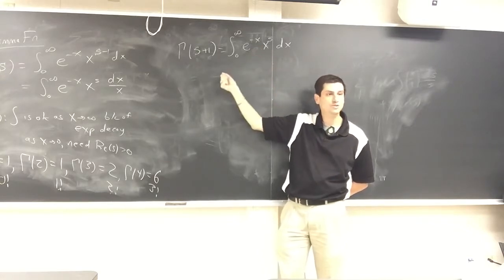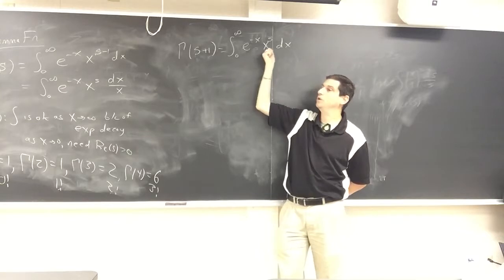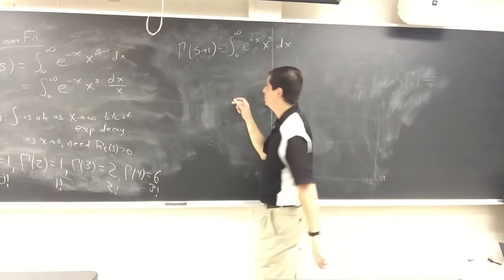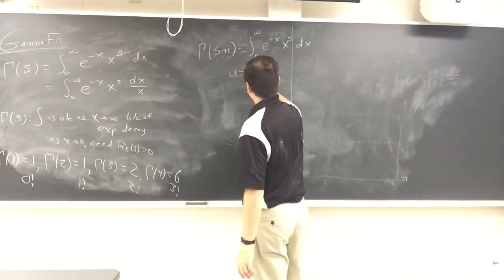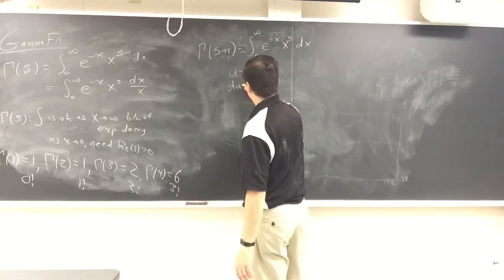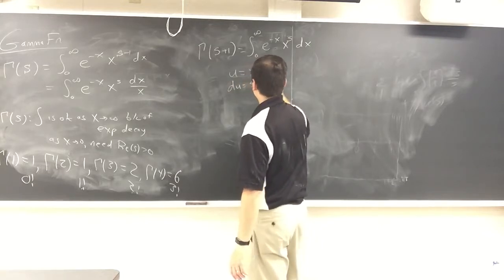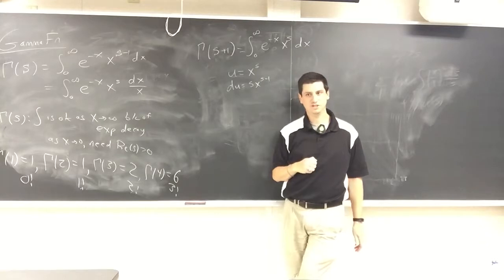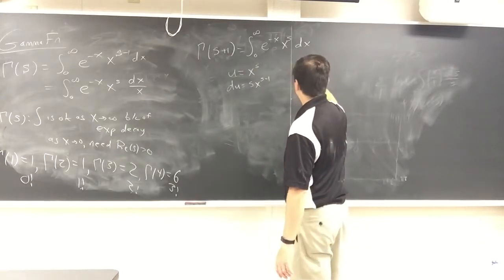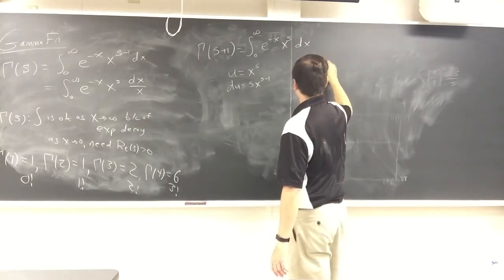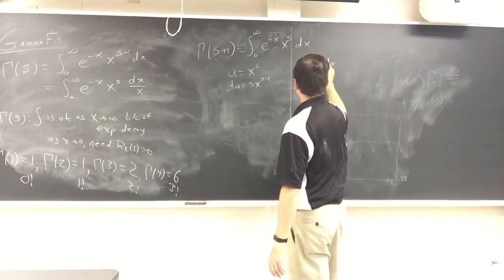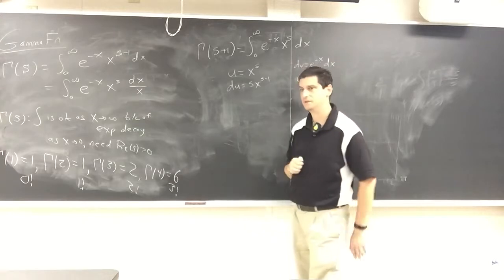Since I'm trying to reduce this to an earlier one, I probably want to lower the power of x to the s. So I'll take u equals x to the s. du is s, x to the s minus 1. Oh, beautiful. We want an s minus 1. That's looking nice. dv is e to the minus x dx. So v is going to be negative e to the minus x.